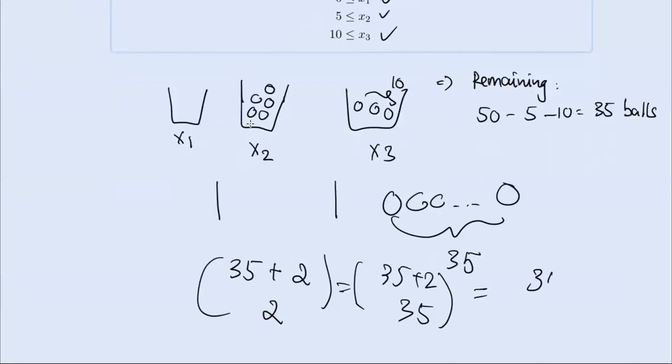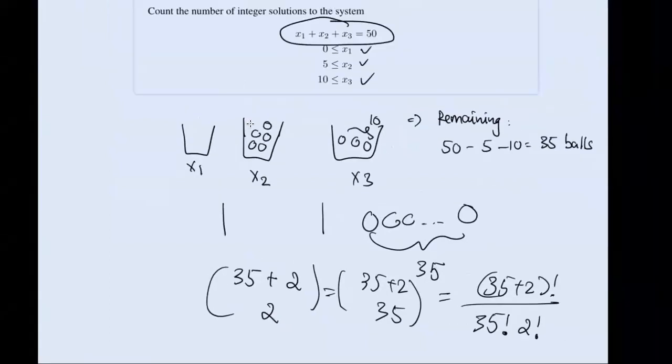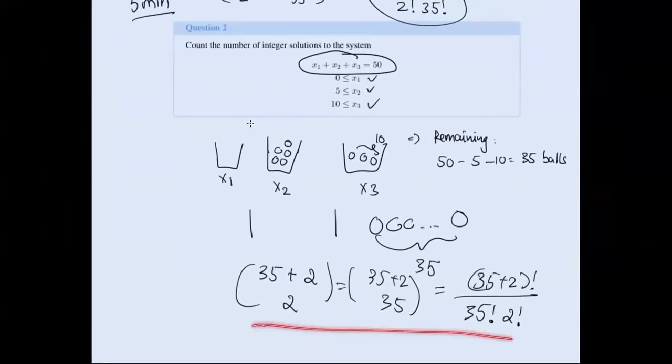You have 35 plus 2 elements in total, whereas 35 is of the same category, balls, and 2 is of the same category, dividers. So all of those answers are acceptable. I will highlight it. Any question about this part here? If there is anything that doesn't make sense, please let me know.